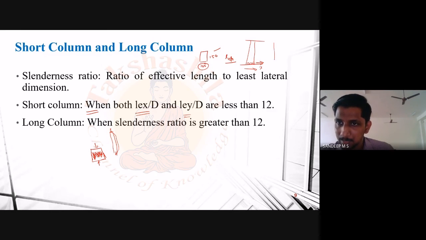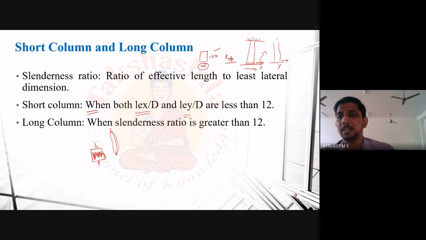But when we take the other direction, this movement may not be provided, that is in the y direction, the opposite perpendicular direction. This movement will not be permitted. So when we look from this side, that is the LEX side, we will have one effective length, because the condition here is that we have one end fixed, and at the other end movement is possible.